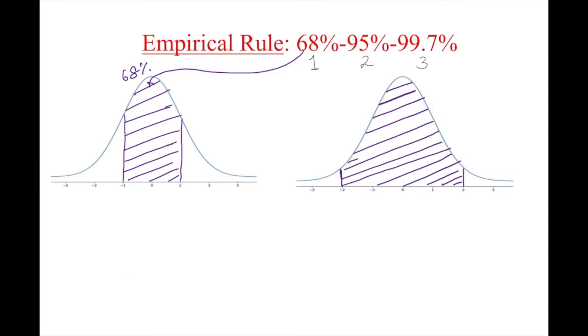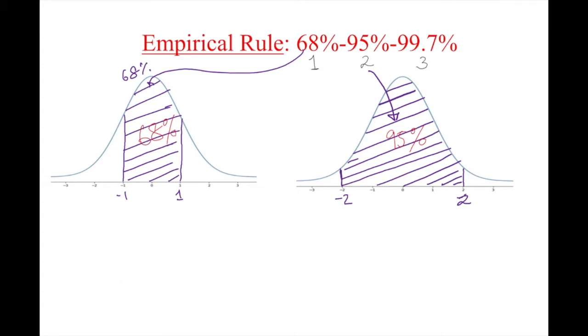So this is -2 to 2 standard deviations, 95% of data. Again, this is 95% of data, and this is 68% of data.